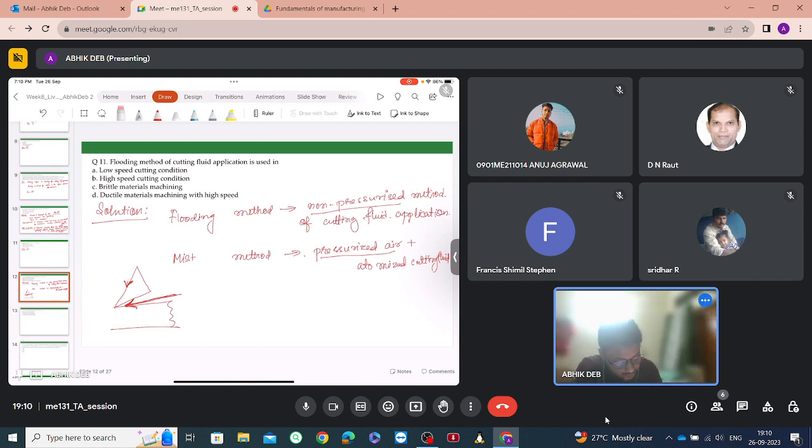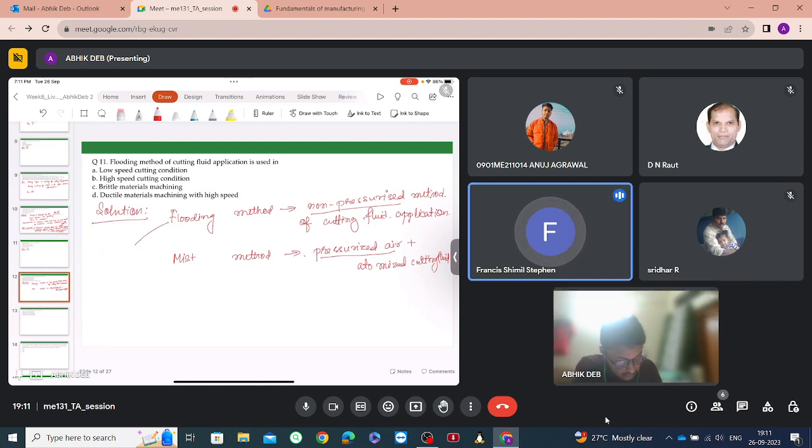So for brittle materials like stainless steel, machining such kind of steel, the heat generated will be more, isn't it? So do we use flooding for machining that kind of materials?